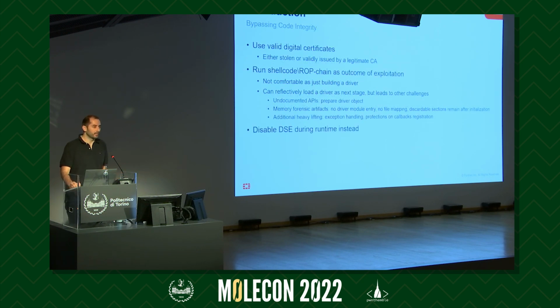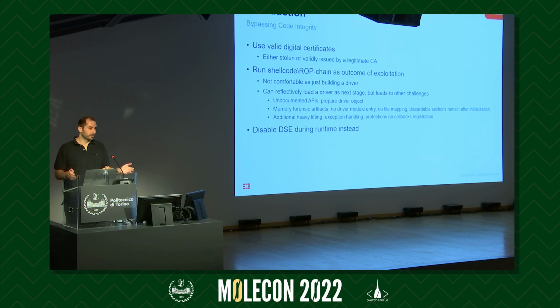So how can you bypass this restriction? Well, the obvious solution is to get your own valid certificate. Either you steal one or you get some CA to sign one for you, or you can try to run some shellcode as a result of some vulnerability that you exploited, but that's not that comfortable.